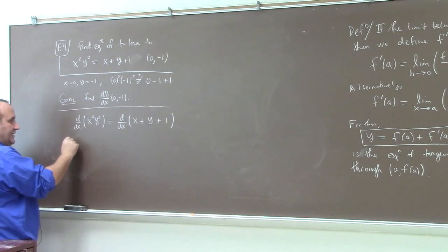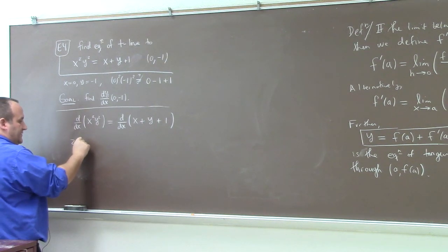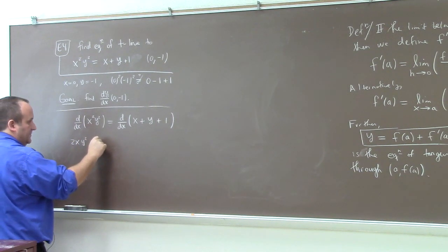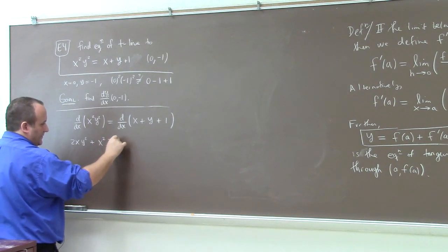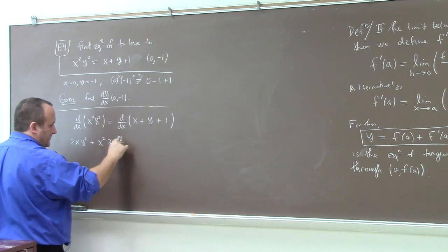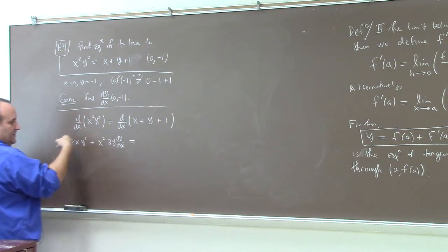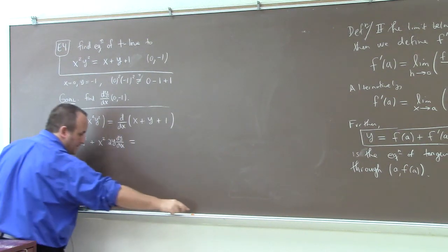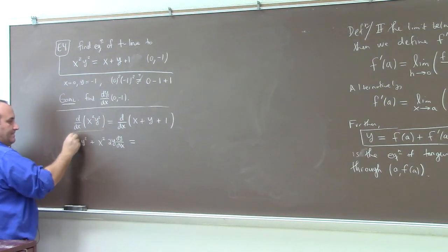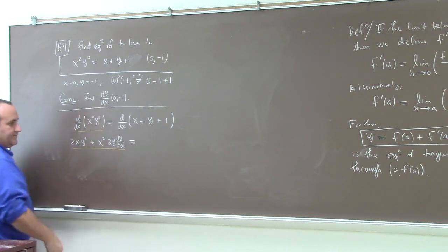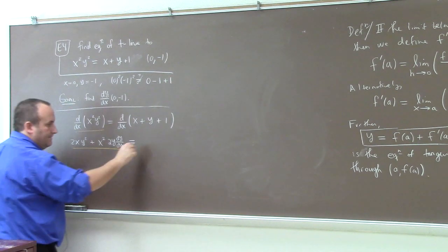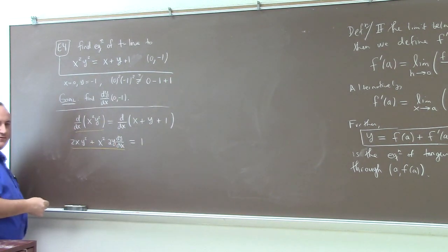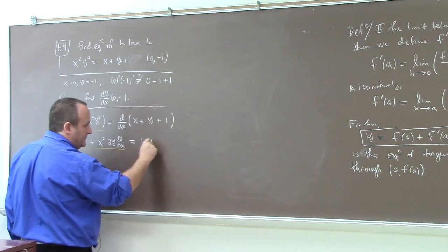So I've got 2x y squared plus x squared times 2y dy/dx. That's the derivative of the left-hand side. On the right-hand side, derivative of x with respect to x is 1. Derivative of y with respect to x, well, that's just dy/dx, right? We're stuck with that.